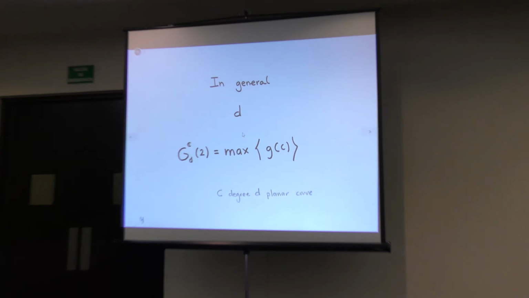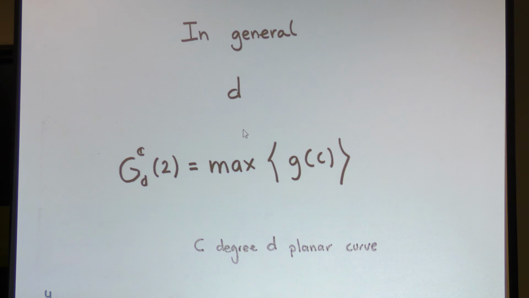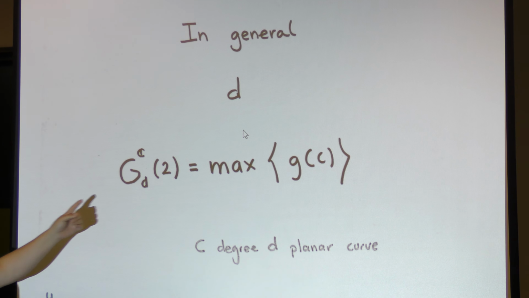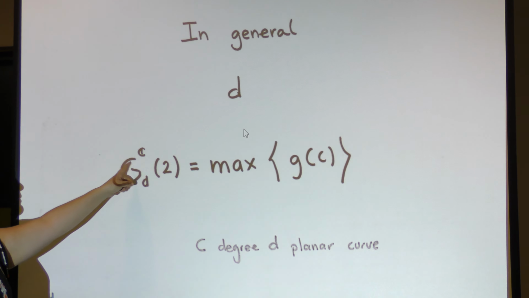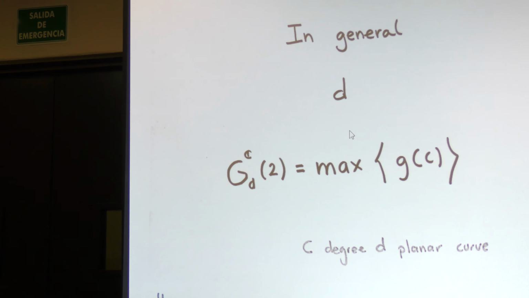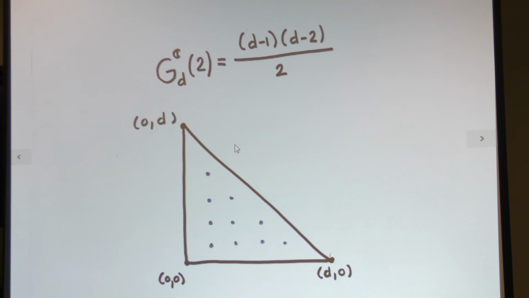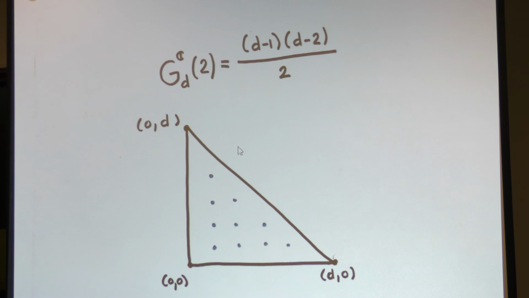Okay? In general, if I fix d, I can ask the maximal genus of a complex curve of degree d in CP2. And the bound is (d-1)(d-2)/2.